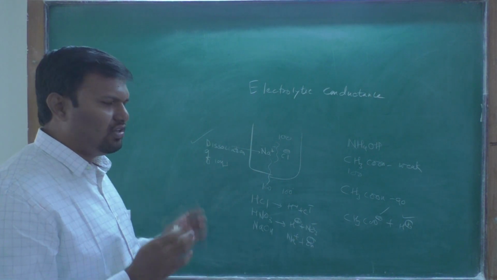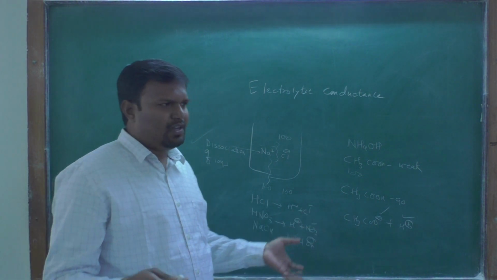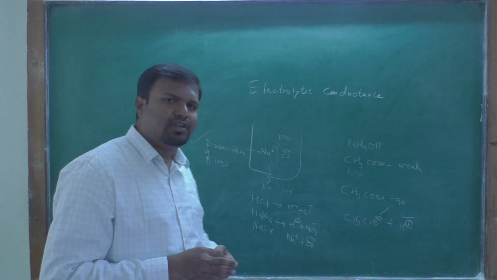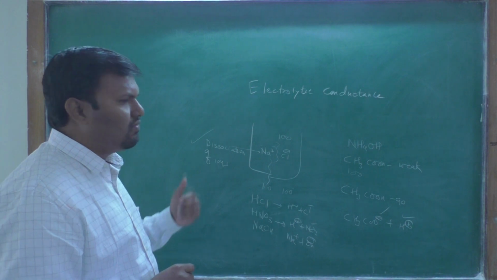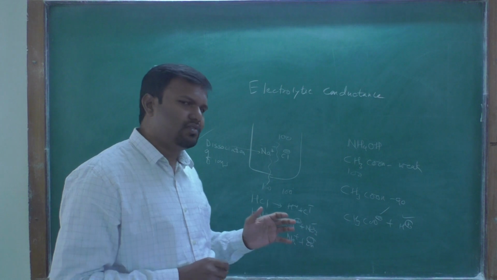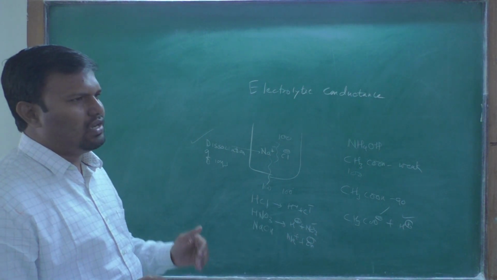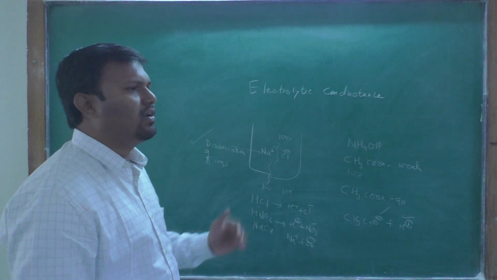Like that, NaCl is a strong electrolyte, fully dissociated. Of 100 NaCl molecules, all 100 are dissociated. So we have divided them again. The first is the electrolyte. Electrolyte means that which gives ions in its aqueous solution and which is responsible for conduction of the current.